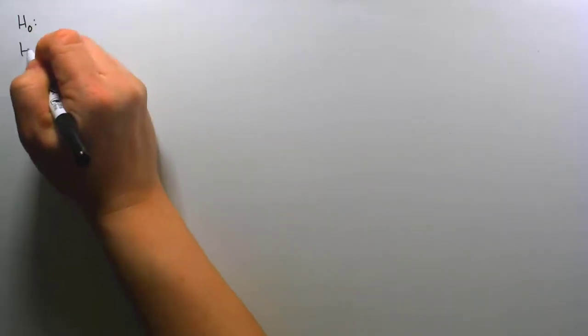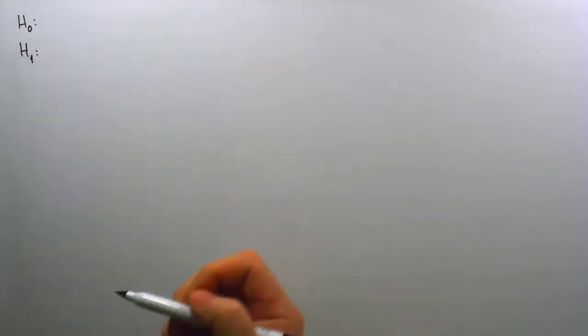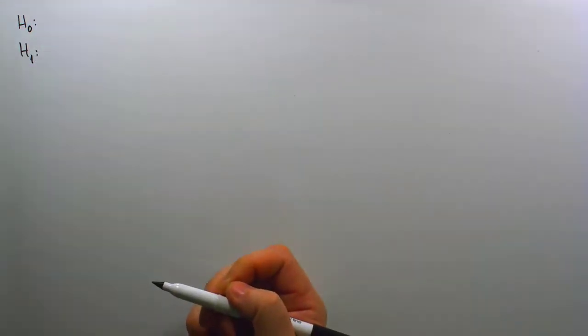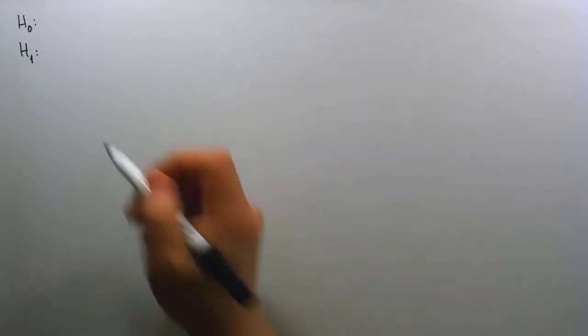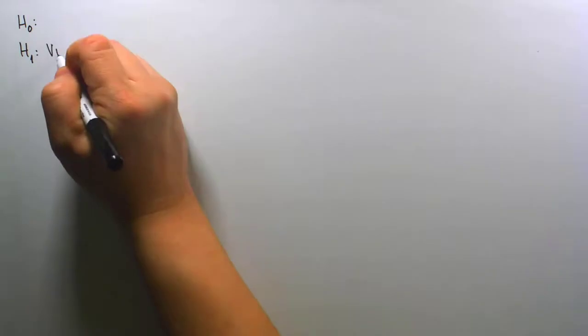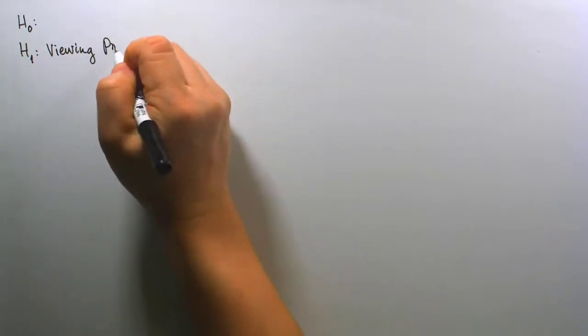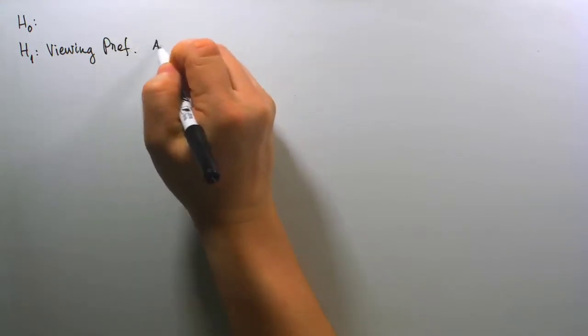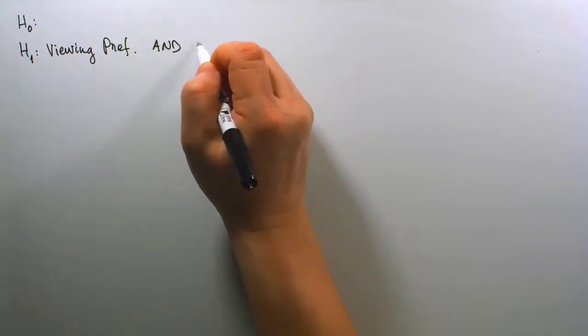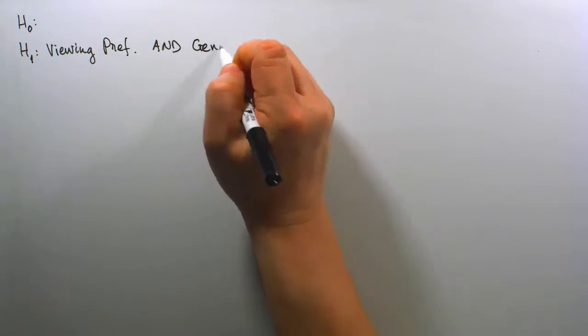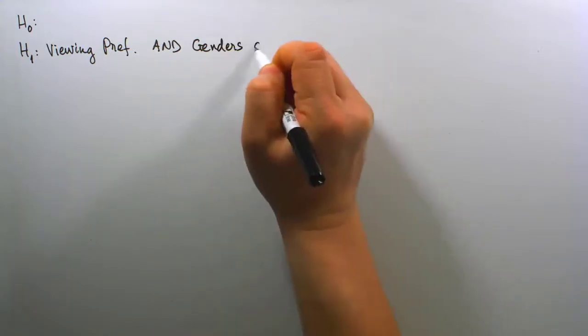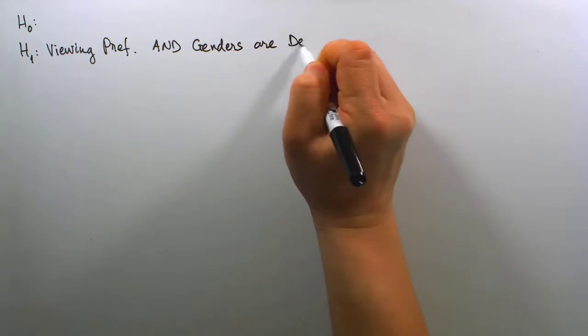In that way, we have successfully found for ourselves the two hypotheses, even though they don't look the same as those hypotheses we've been doing prior to this point. H1 says viewing pref and genders are dependent.